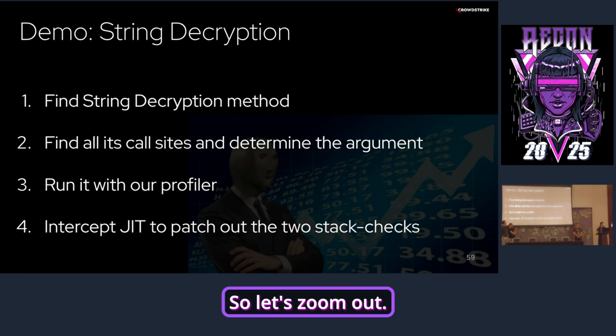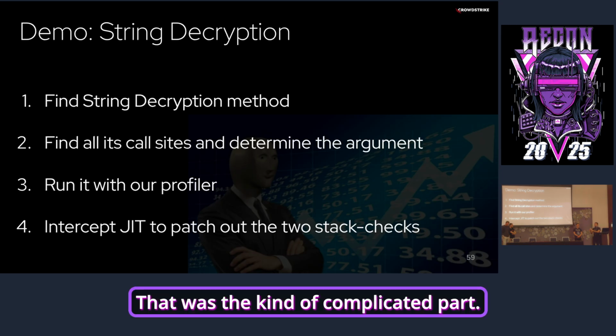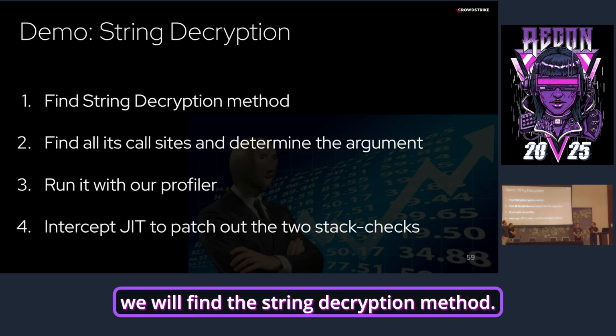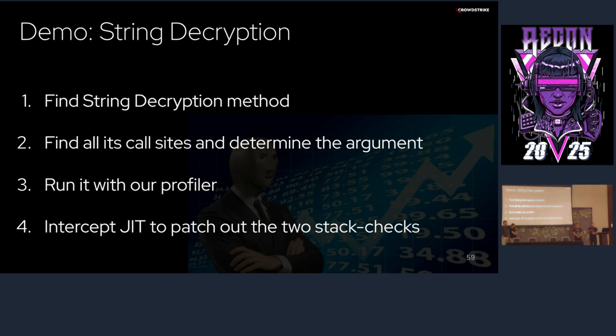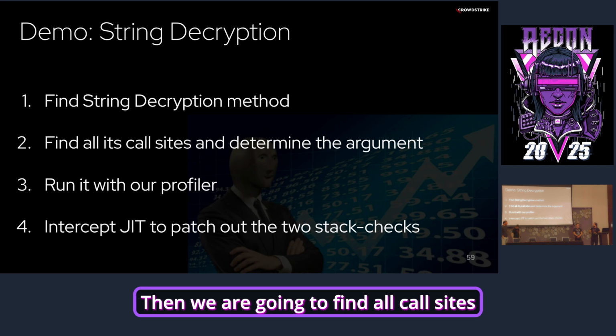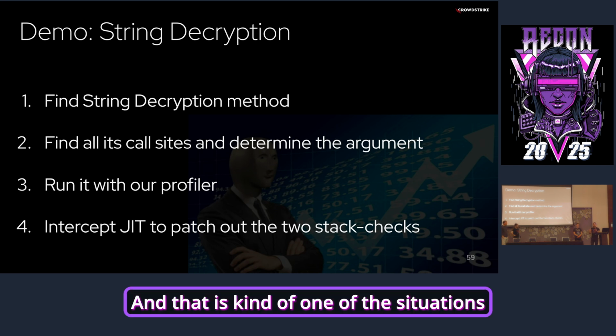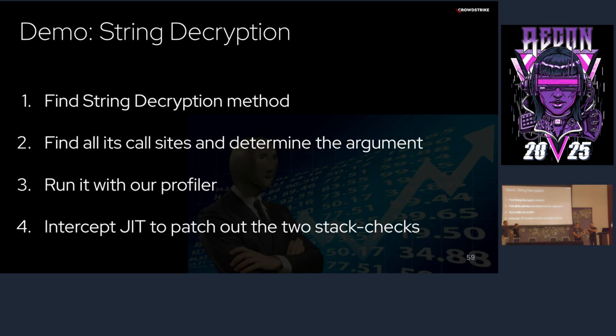And then, so let's zoom out. That was the kind of complicated part. But in general, what we are going to do is we will find the string decryption method. We wrote a function signature for that. Then we are going to find all call sites of that string decryption method. And that is kind of one of the situations where it all came together.